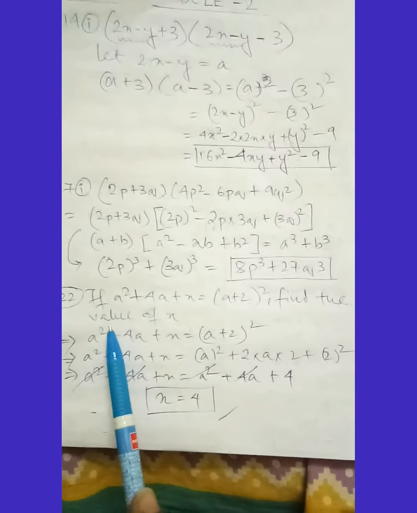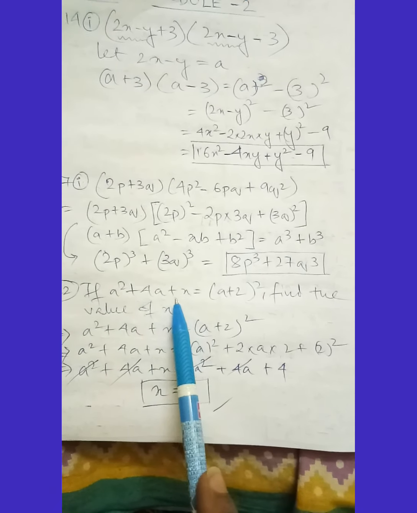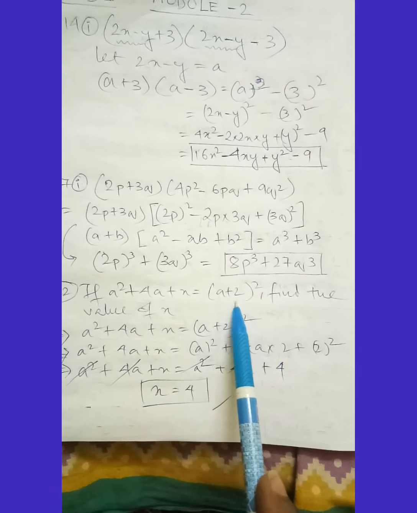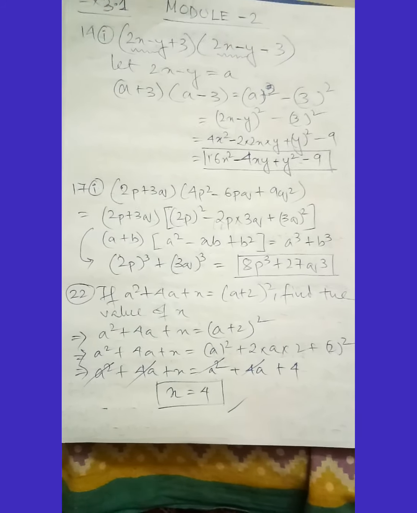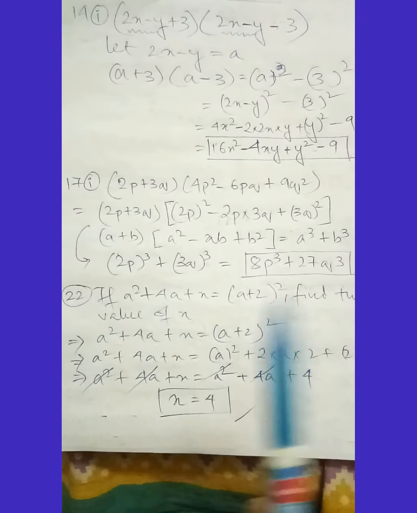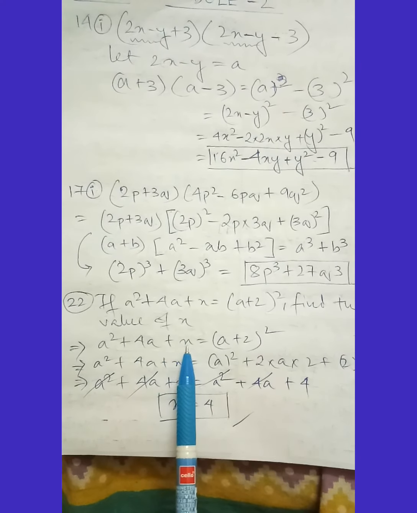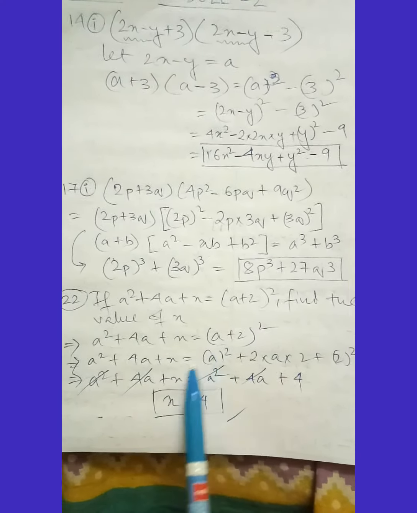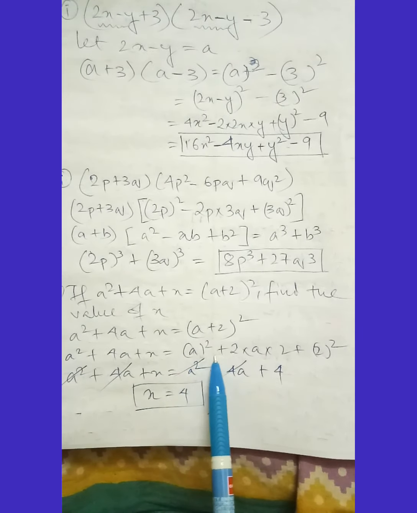Next is coming, 22. If a square plus 4a plus x equals (a plus 2) whole square, find the value of x. Now from here, a square plus 4a plus x equals that question I've written over here. Now what I've done, I've opened the right hand side in the a plus b whole square form.